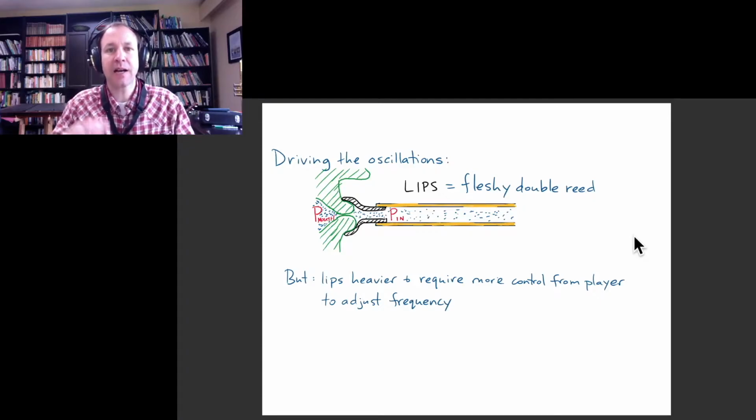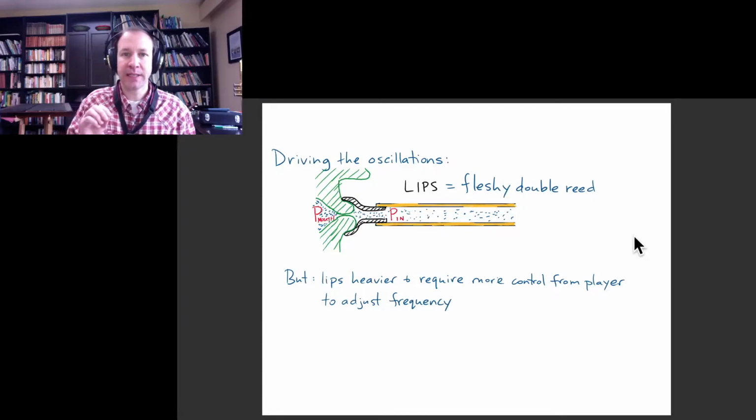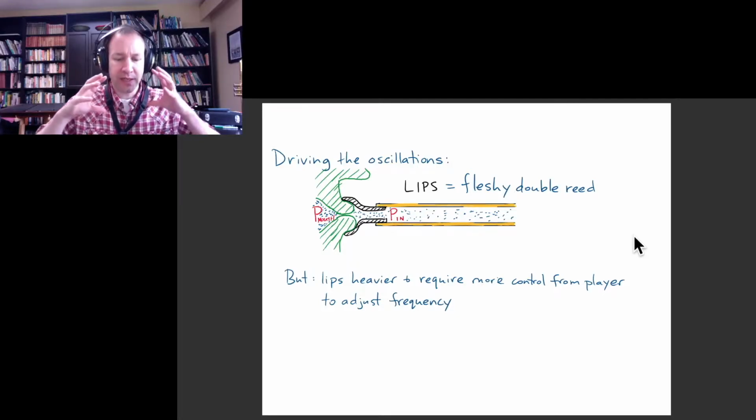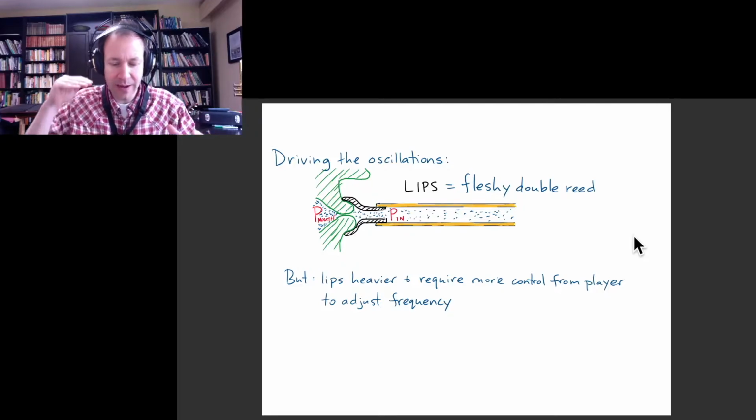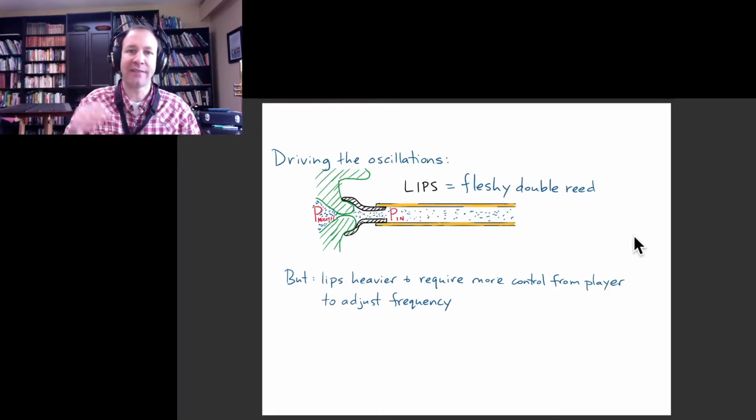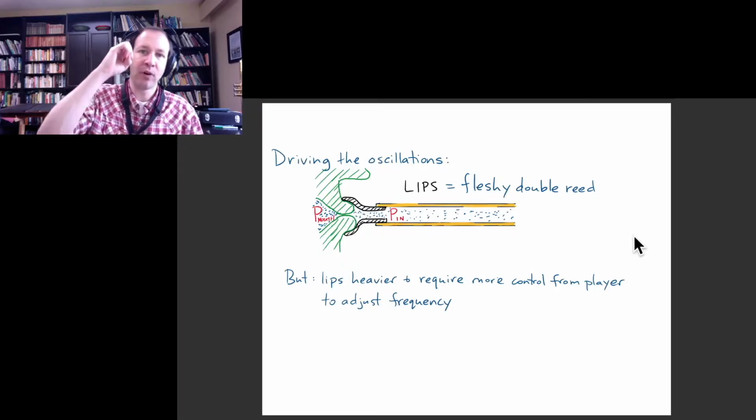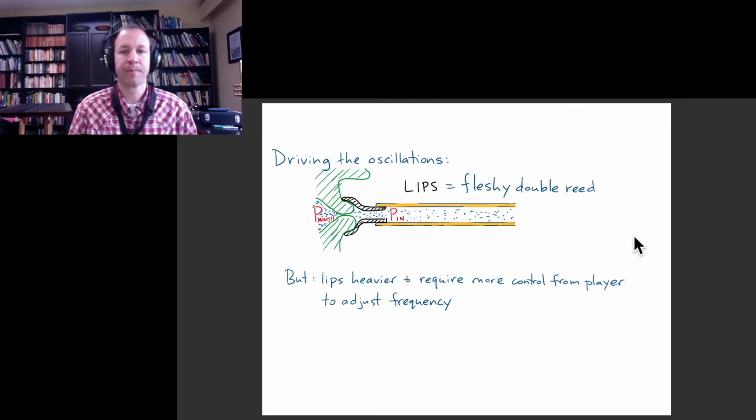Okay, well, let's talk about another difference between the trumpet or the brass instruments and the woodwinds, and that is the way in which the oscillations are driven. We talked about how with the woodwinds you have the air jet mechanism that's used in the flute, and you have the single or double reed mechanisms that are used for the clarinet, saxophone, oboe and bassoon.